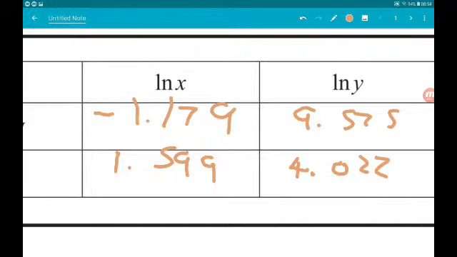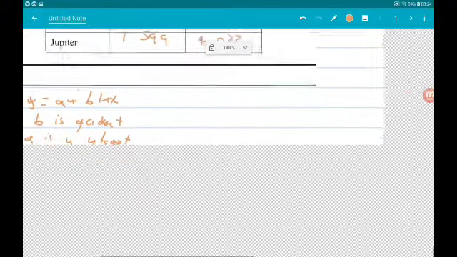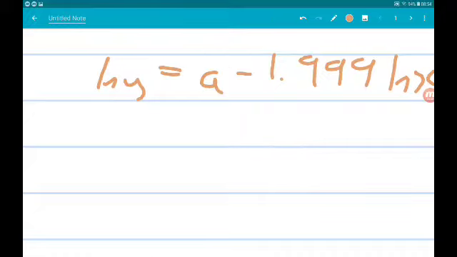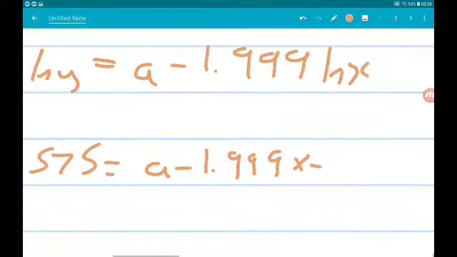So we know that when log x is minus 1.179, log y is 9.575. So, we know then that 9.575 is equal to A minus 1.999 times minus 1.179.